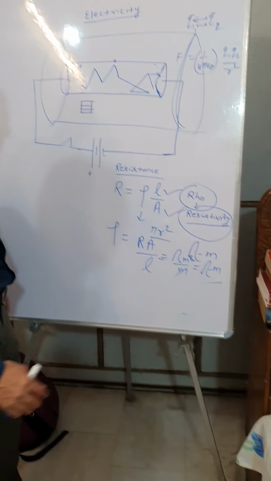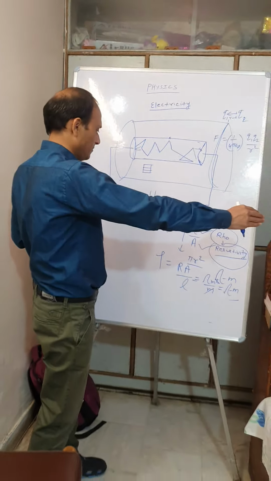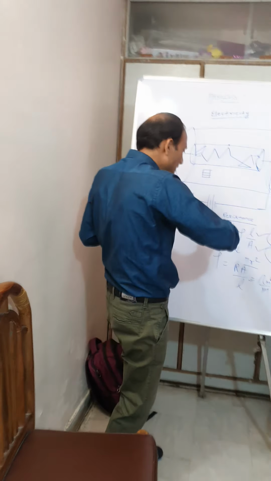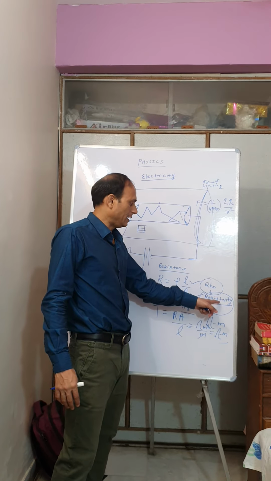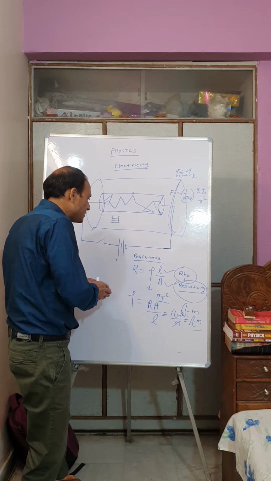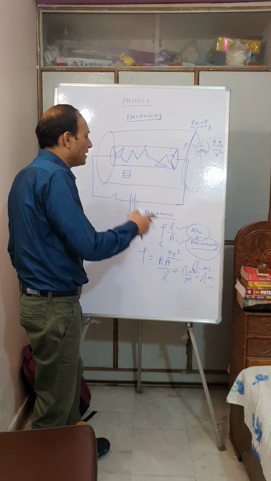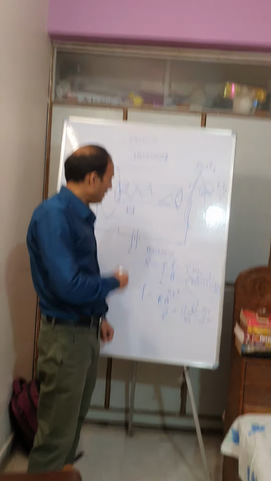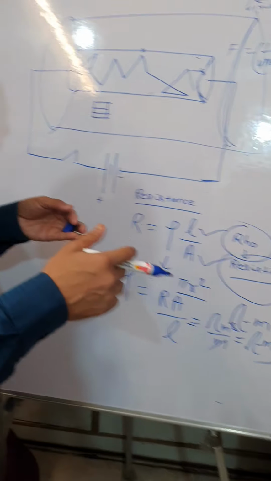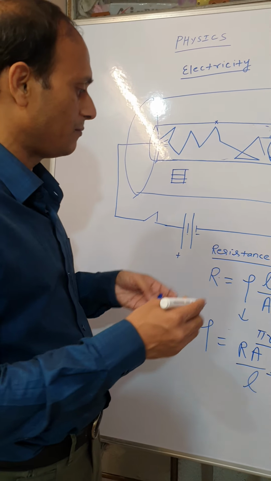And then you can say if you increase length, resistance will increase, but resistivity will remain unaffected. If you increase cross-sectional area, the resistance will decrease, but resistivity will remain unaffected. So this way, we can have an idea as to how resistance and resistivity can be differentiated.